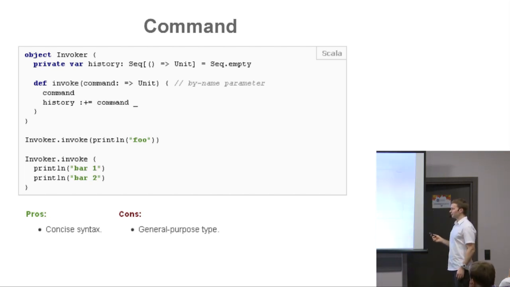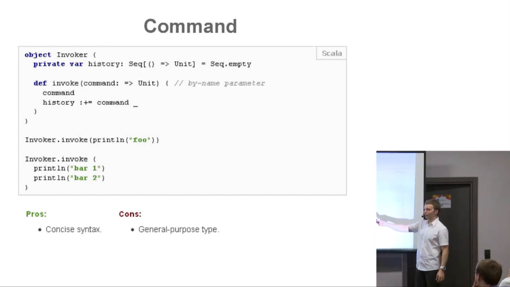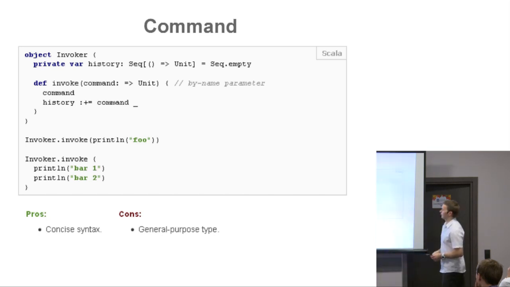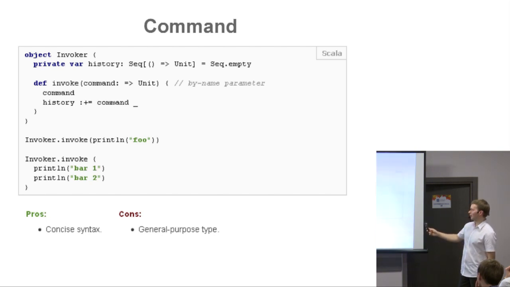And we can evaluate some expression or code block by referring to that by-name parameter, and we can then save that command as a function in the history sequence.